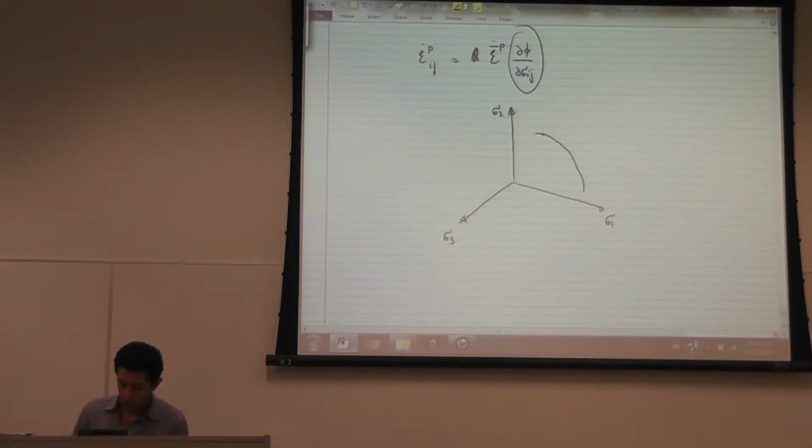Now on the yield surface, phi is equal to 0. Because phi is the yield surface. Phi is equal to sigma von Mises minus sigma yield. On the yield surface, all these points are 0. So this is the direction of constant phi.